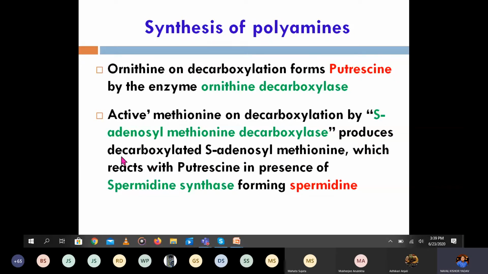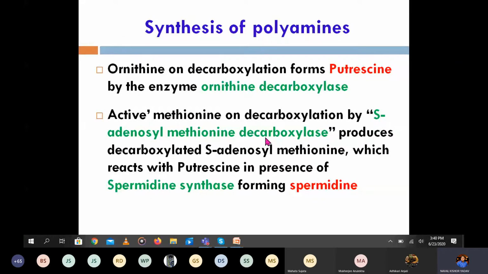Now how is this decarboxylated S-adenosyl methionine formed? It is formed from active methionine with the help of the enzyme S-adenosyl methionine decarboxylase.